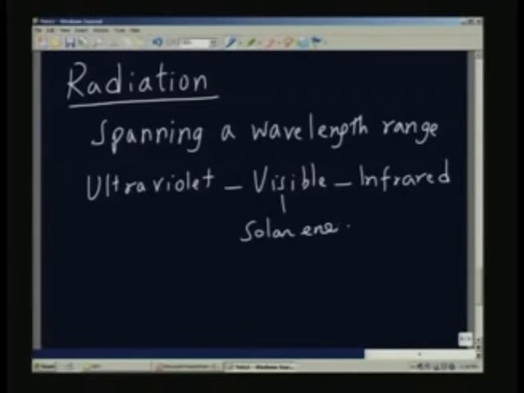In solar energy applications, we come across surfaces which either absorb or reflect solar radiation, and depending on the application we may want absorption to take place, or we may want reflection to take place, so that the radiation is not allowed to penetrate into the space in which we are interested.